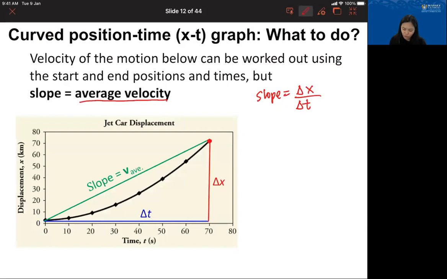Right. So if you figure out the slope here and you get your average velocity, your final position is about 70 kilometers. Your initial position is 0, and the time interval is 70 seconds.